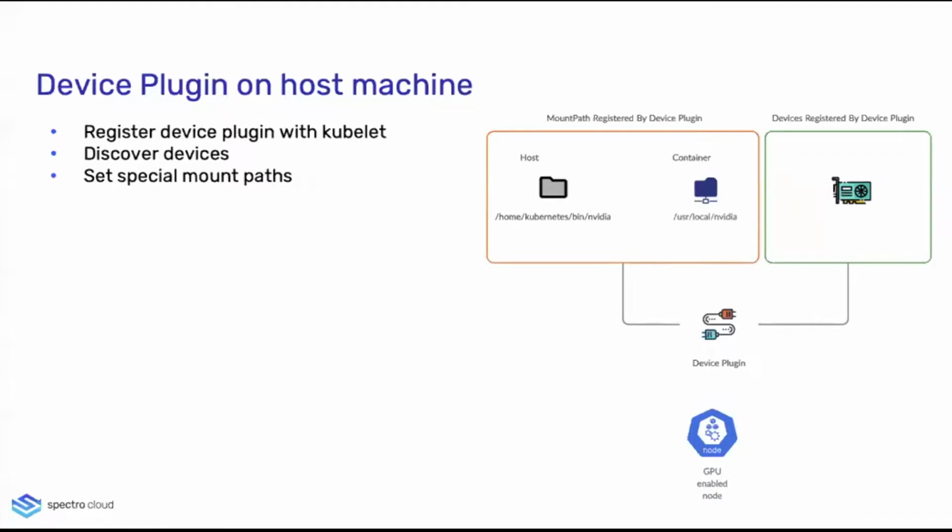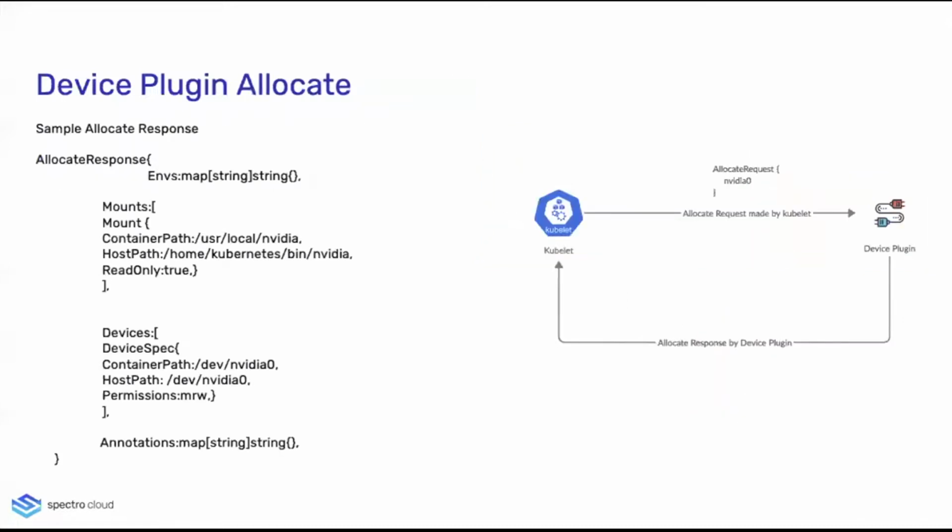Now let's see what happens when a pod has arrived and kubelet has an allocate call with the device plugin. When a request comes to the device plugin via kubelet for a given device, in the allocate call, the device plugin can inform the kubelet of all the initialization requests that are required. The device plugin can pass specific environment variables specific to the device setup, or other information that needs to be passed as environment variables. The device plugin can pass multiple mount points from the host to be mounted inside a container at a specific location.